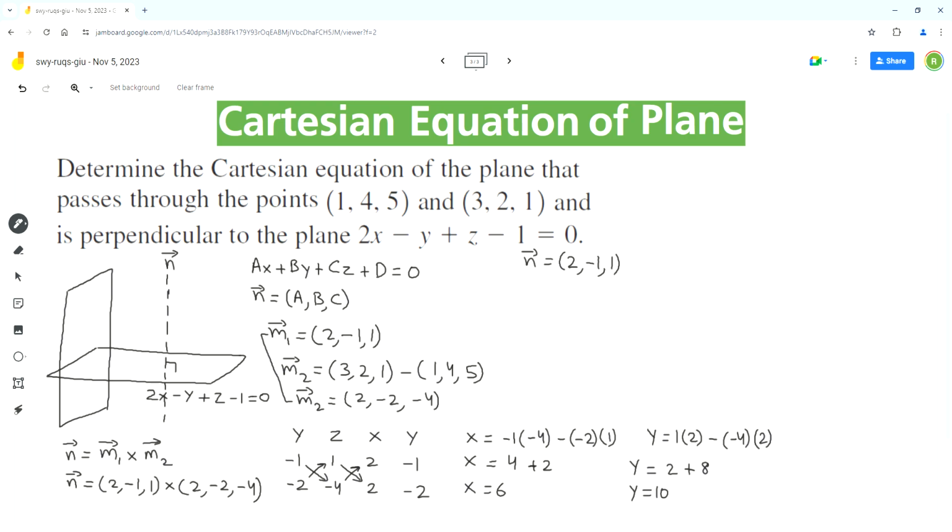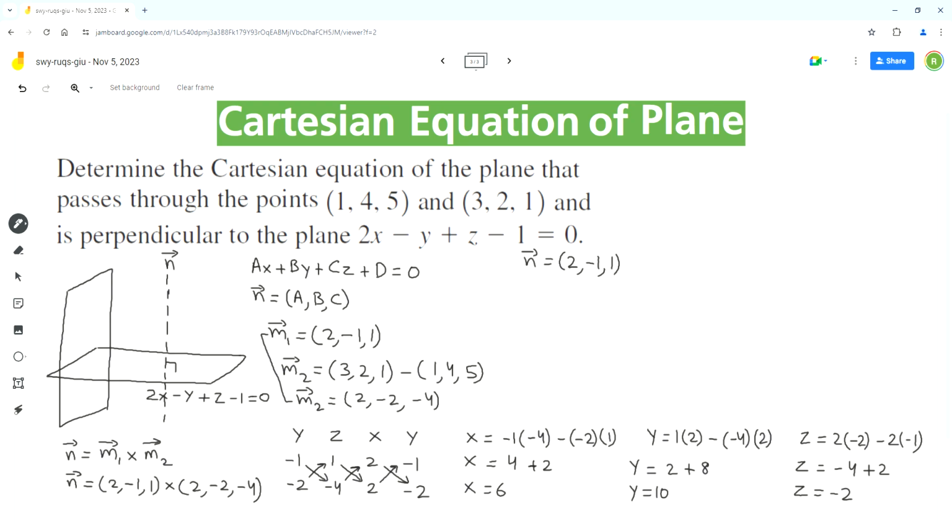Now we can find the z component. We should cross multiply the x and y components. We start with 2 times -2 minus 2 times -1. I get z equals -2.